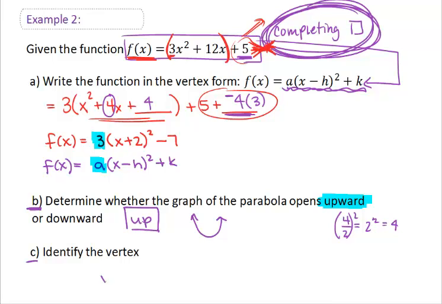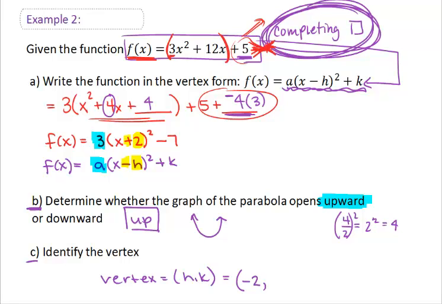The vertex is going to come from h, k. So my h value is something to do with this too. But remember that these signs do not line up. So your h value is going to be the opposite sign. So your h value is going to be negative 2.